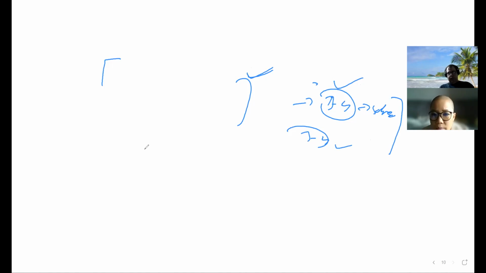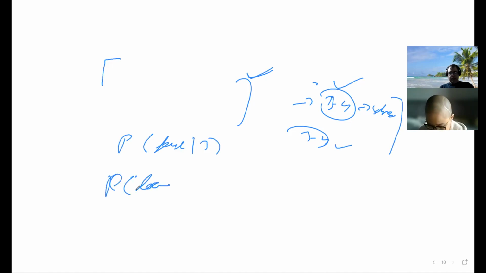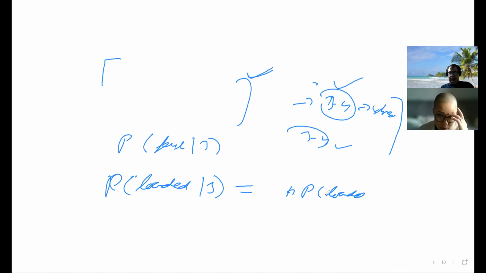So we have found the P(fair|3). Similarly, can we find P(loaded|3)? Yes, it's 0.5 for each. No, will it not be P(loaded and 3) divided by P(3)?